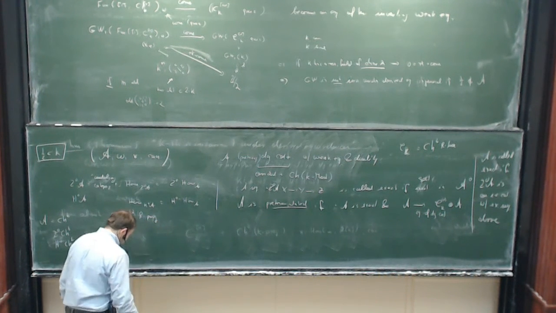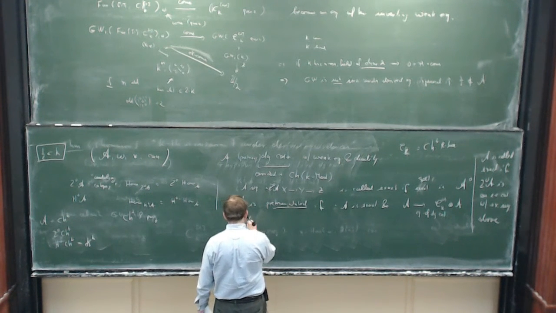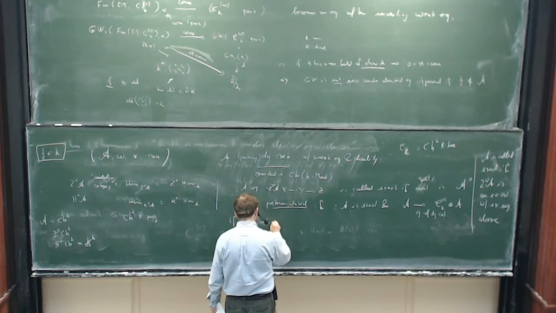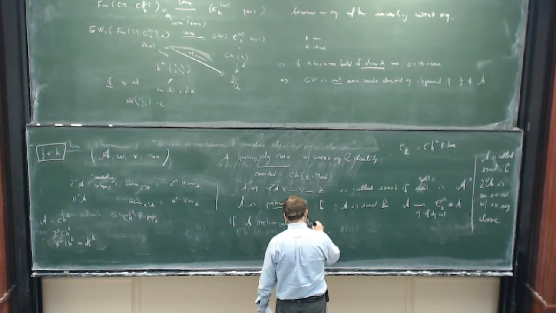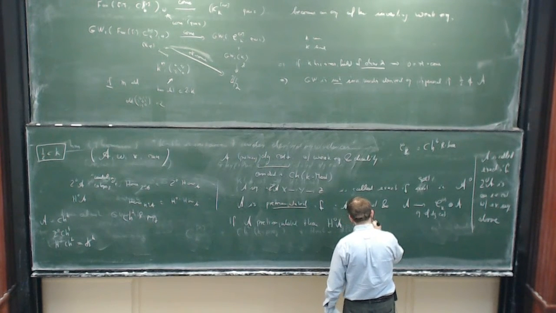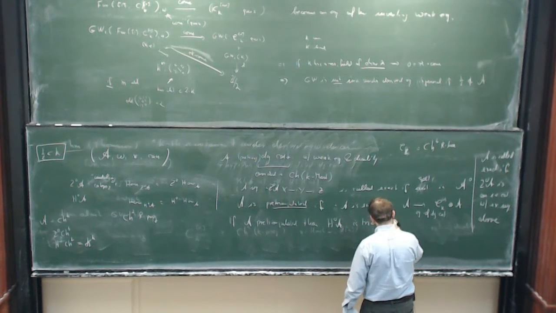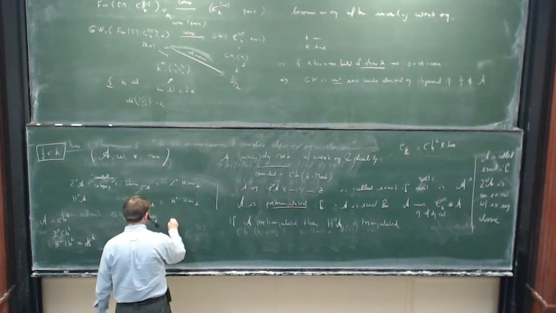The point is, if A is pre-triangulated, then in a canonical way its homotopy category is triangulated. And this example is pre-triangulated.